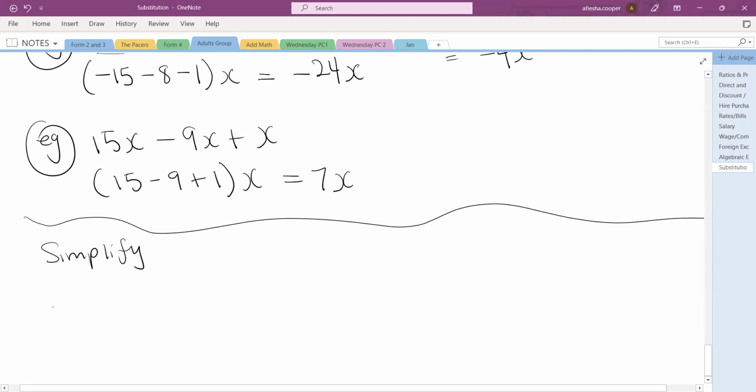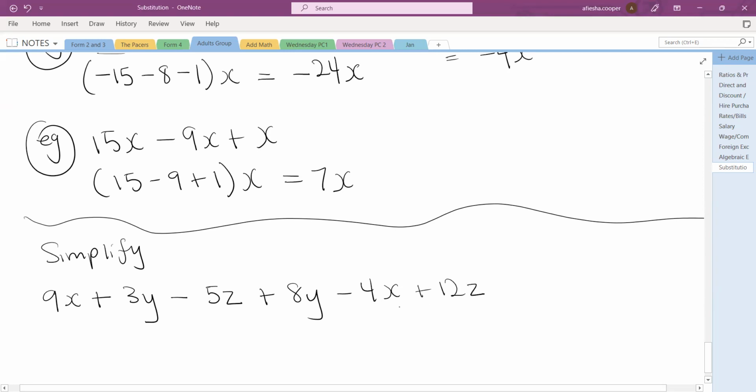We now have a question of simplifying that has a 9x plus a 3y minus a 5z plus an 8y minus a 4x plus a 12z.